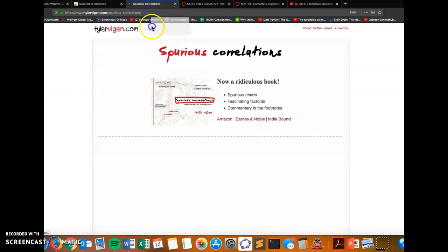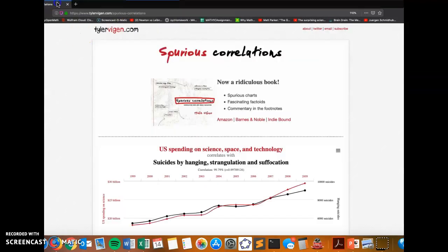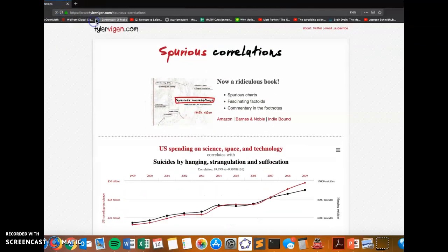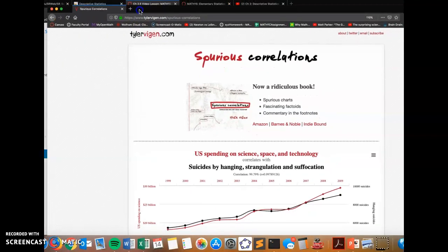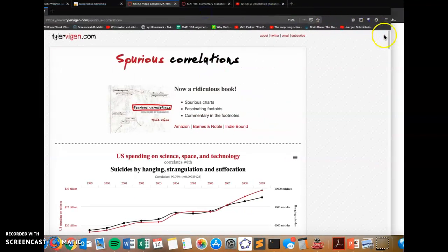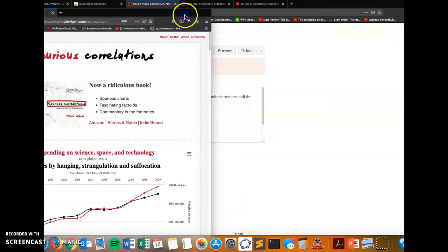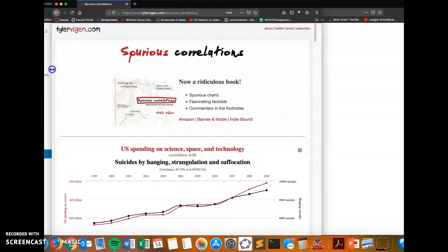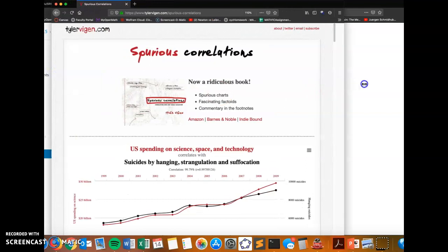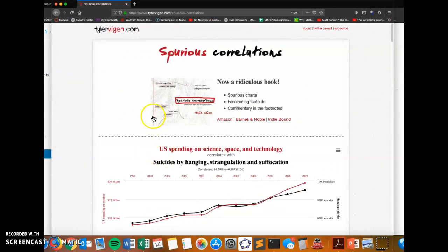Let me see now that this fits the window so you can see what I'm looking at. A statistician came up with this web page. Zoom in here. I think it's fairly entertaining, just to show that correlation versus causation issue.